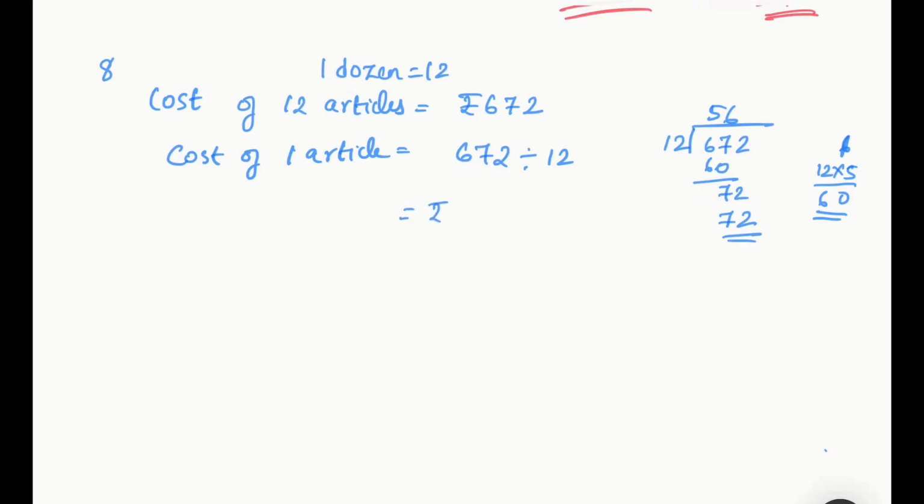So we'll get the answer as cost of one article is 56. Therefore, cost of 18 articles equals 56 into 18.